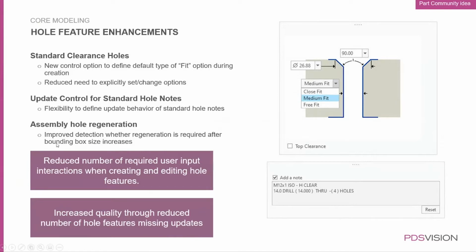Also some general enhancement has been made for assembly hole regeneration, so the system automatically tries to detect a bit better which holes must be regenerated because of the geometry change. Then we have something else called hole nodes, which are these kinds of things, marking what kind of hole there is, and whether we want to always regenerate the content of these nodes or want them to stick as they are.